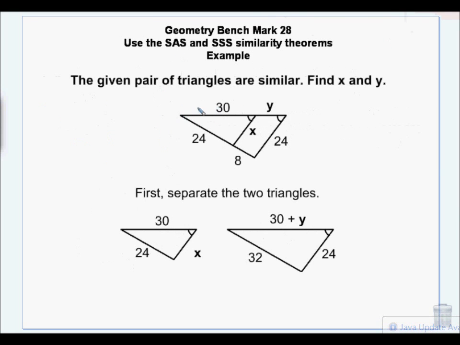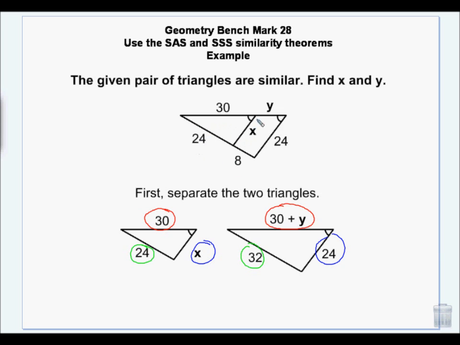Okay, so we are being told that these are similar. So we're going to find x and y. It's the same as we were doing in benchmark 27. So we've got this side goes with this side, this with this, and this with this.